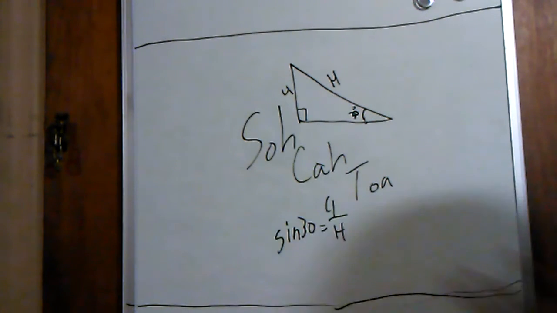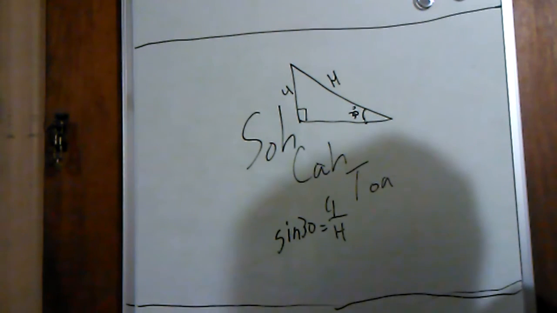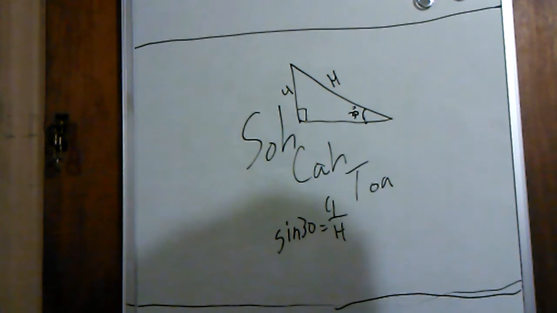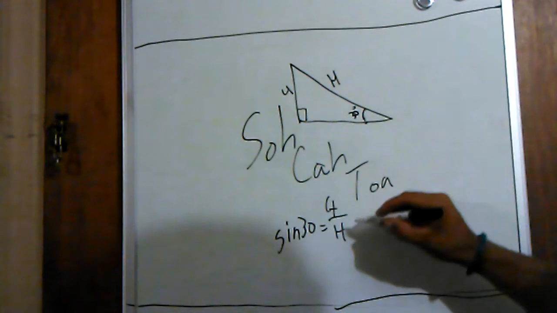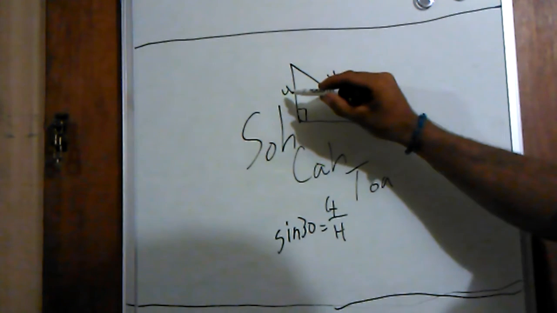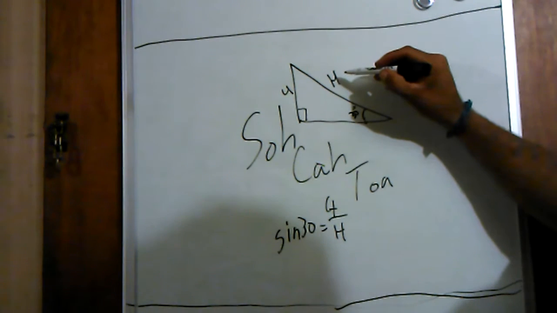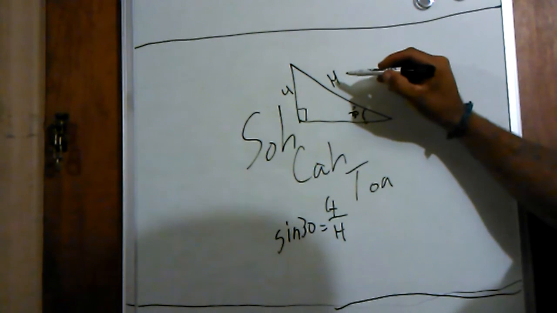Now, if you take the sine of 30 and plug that in your calculator, it'll spit back a number. And that number is the same number that you get if you take the length of this side and divide it by the length of that side. That's how the function works.